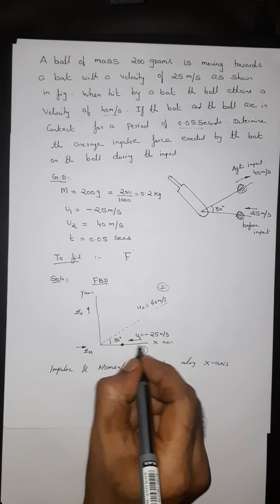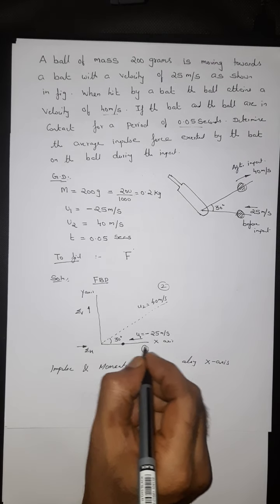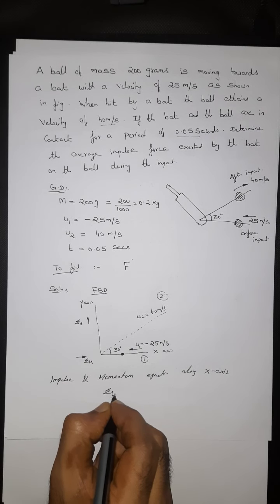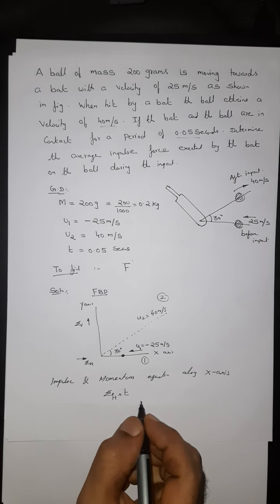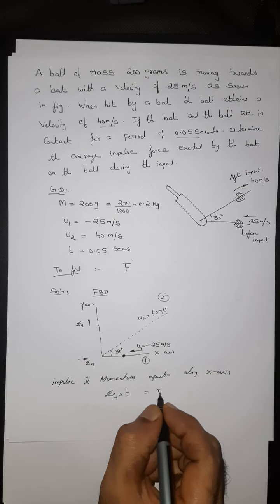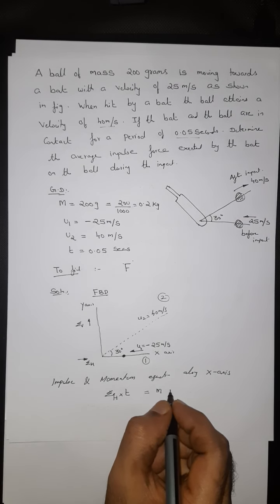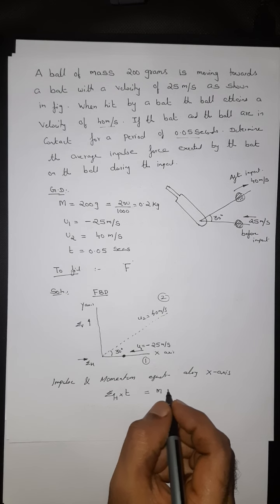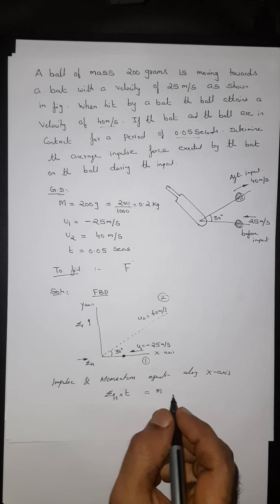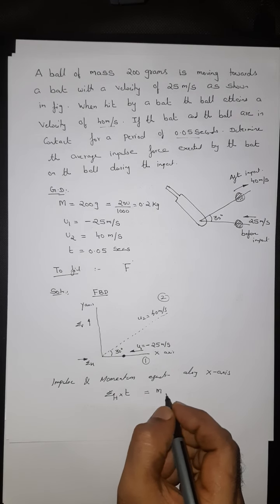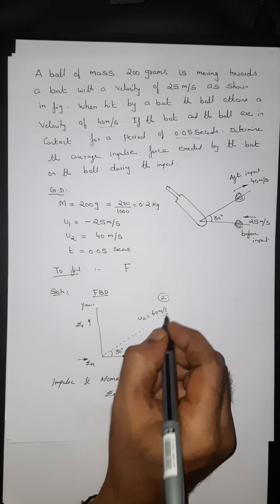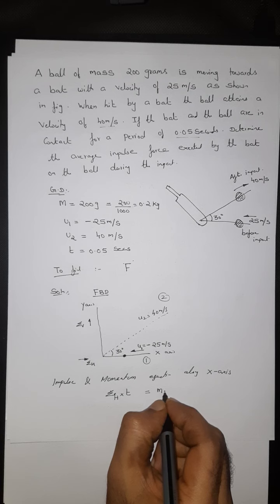So here the momentum is in the horizontal, so summation H into t equal to mass of ball into velocity, that is mass into velocity, right? Mass of ball, that is final velocity. Final velocity is u2, whereas u2 is at a certain angle.